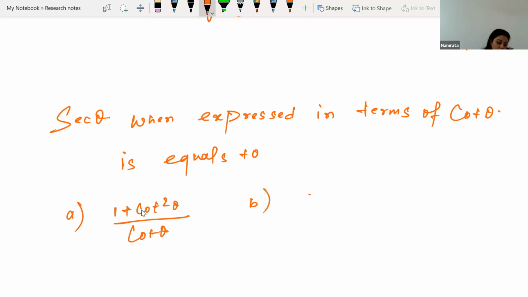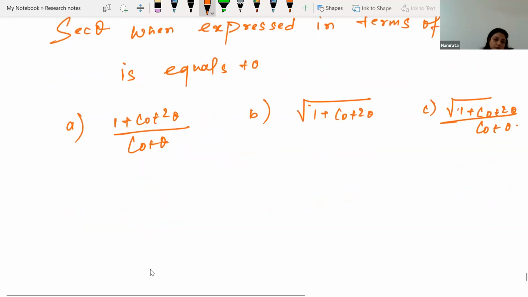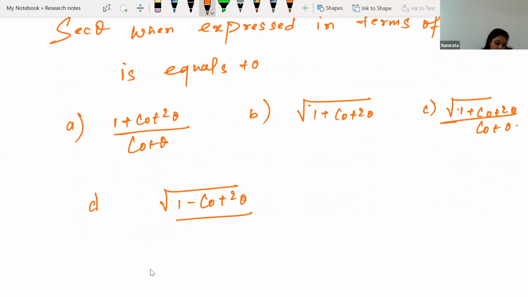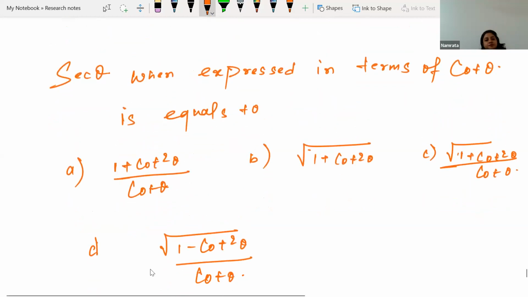The next one is root 1 plus cot square theta. The third one is root 1 plus cot square theta by cot theta. And the fourth one is root 1 minus cot square theta divided by cot theta. What to do over here?